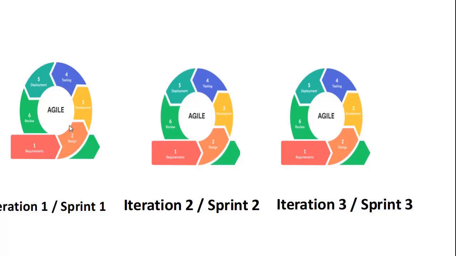So the first quarter they will treat as one release. The second 3 months of duration they will treat as another release. What I mean to say is, every 3 months they are releasing their product features to the client.